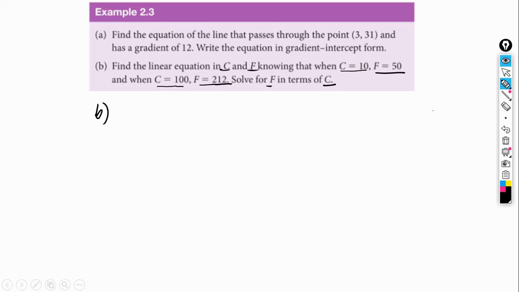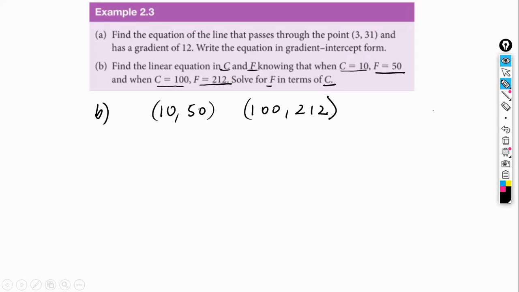Notice that these coordinates they're talking about are going to be 10, 50, right? Because when C is 10, F is 50. And then we also have that when C is 100, F is 212.